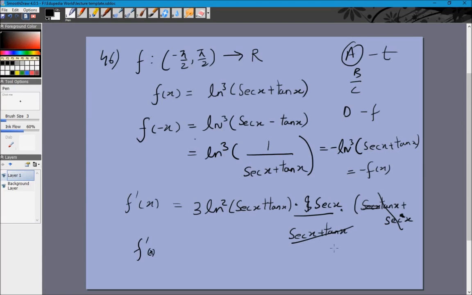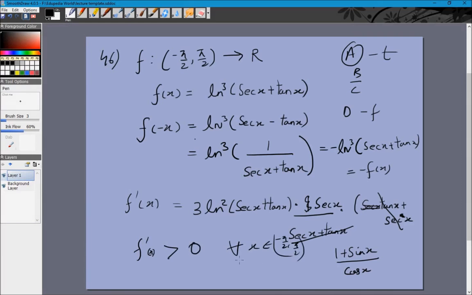Sec x plus tan x can be written as 1 plus sin x by cos x. And anyway, in this case it doesn't matter because this is ln squared, so even if ln is negative, ln squared is positive. So this is positive. We know sec x is positive, which means f dash x is greater than 0 for all x between minus pi by 2 to pi by 2.